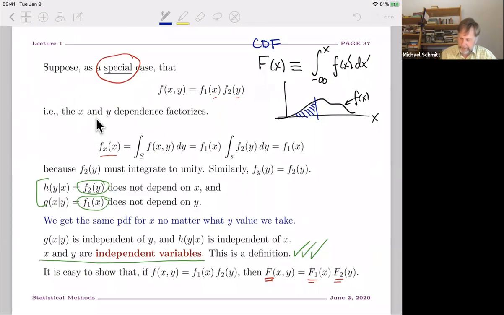Okay, and so this bottom statement here is just saying if the PDFs factorize, then the CDFs factorize as well. It's not really such an important point. Okay. All right, but thank you for asking.